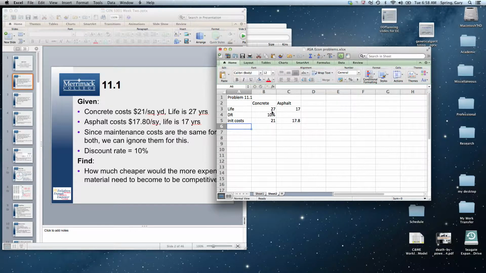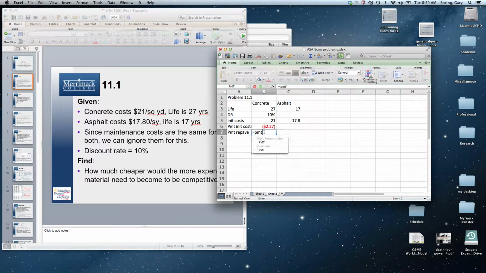Now we're going to find the payment for initial costs first, and then payment for repave. And we'll do a repave for each one, just one. So for the concrete, the payment for the initial cost, use the payment function. Rate, number of periods is 27, and the present value is 21.